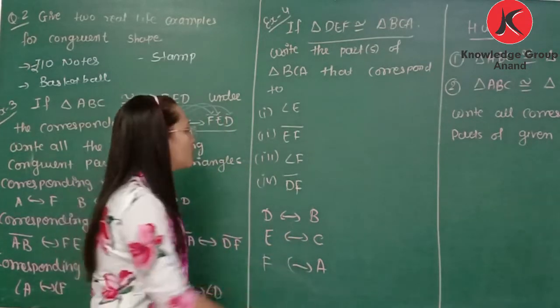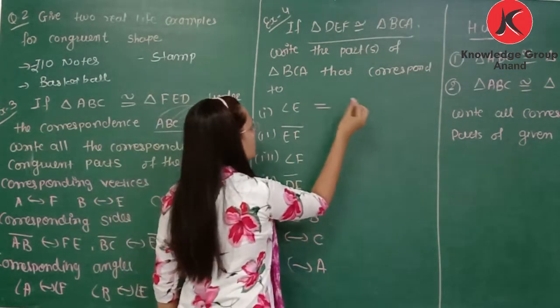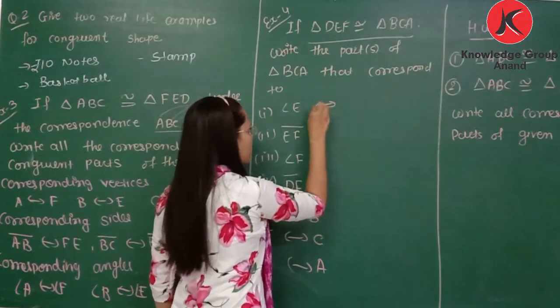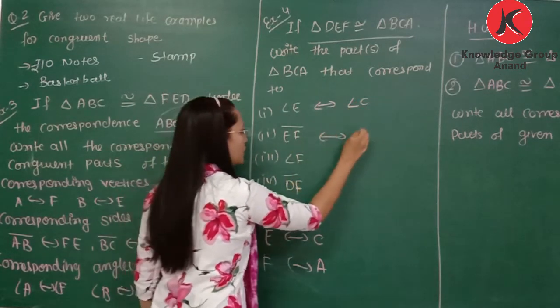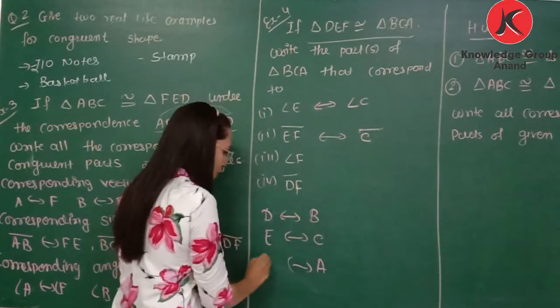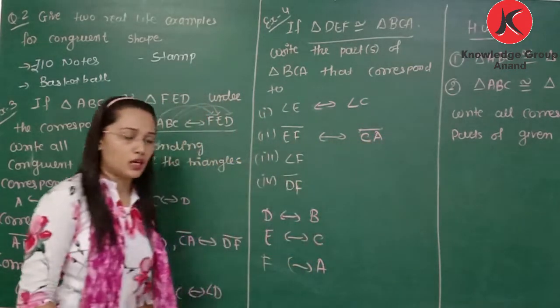So now write angle E, that corresponds to angle C. EF: E corresponds to C and F corresponds to A, so EF corresponds to CA.